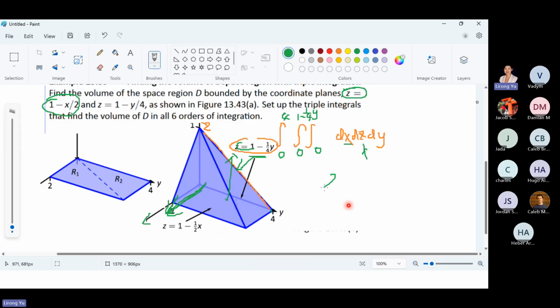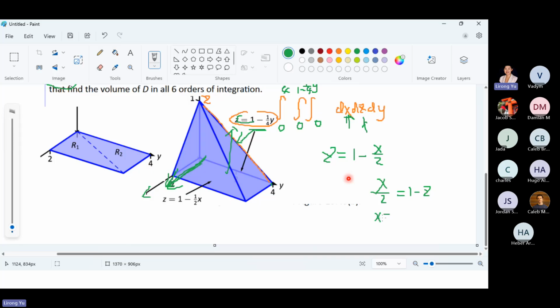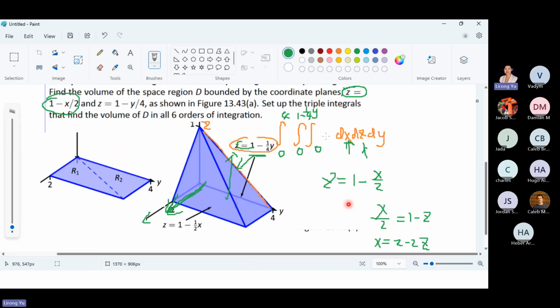We can solve this for the x value, since we're looking for the boundary of x. So z equals 1 minus x over 2. Then x over 2 brought to the left side equals 1 minus z. Then we multiply both sides by 2: x equals 2 minus 2z. That will be the upper limit for x.